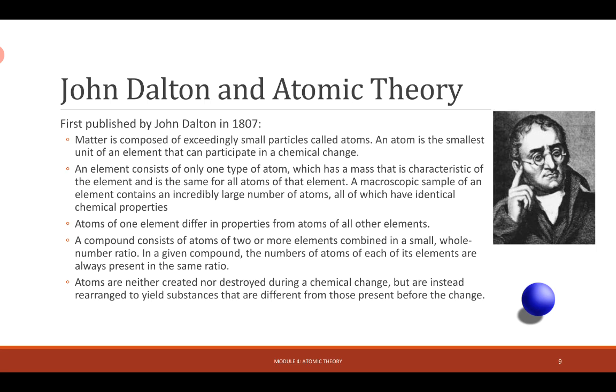An element consists of only one type of atom, which has a mass that is characteristic of the element and is the same for all of the atoms of the element. There is a caveat there that will get updated later. A macroscopic sample of the element contains an incredibly large number of atoms, all of which have identical chemical properties.